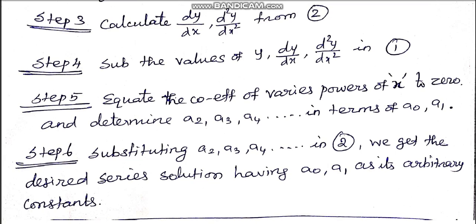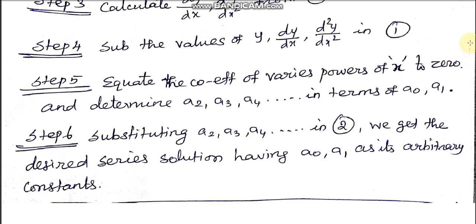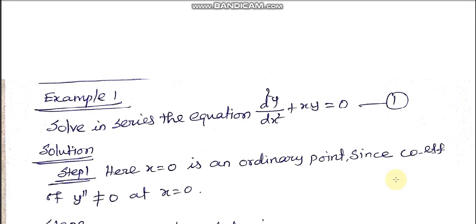Step 6, after finding a2, a3, a4, we substitute them in our solution, equation 2, and we get the required solution. Within these 6 steps, we easily complete and find the required solution. So we will go to see problem 1.